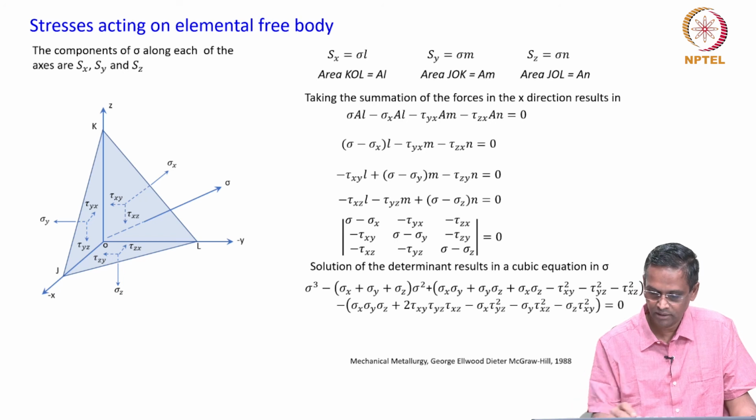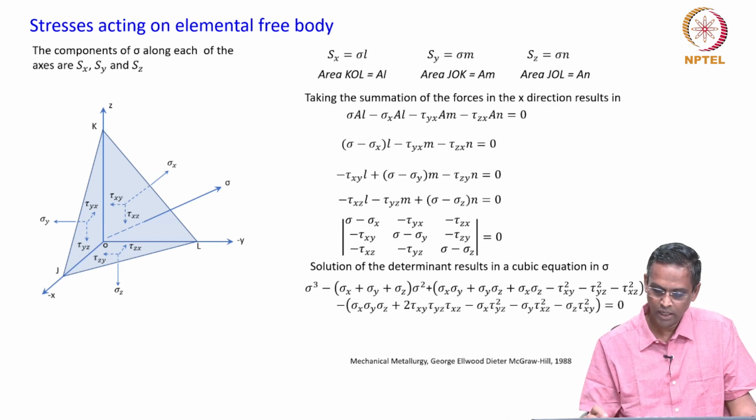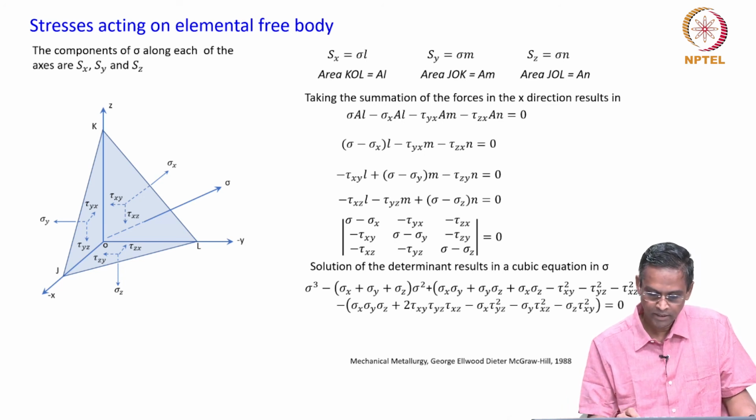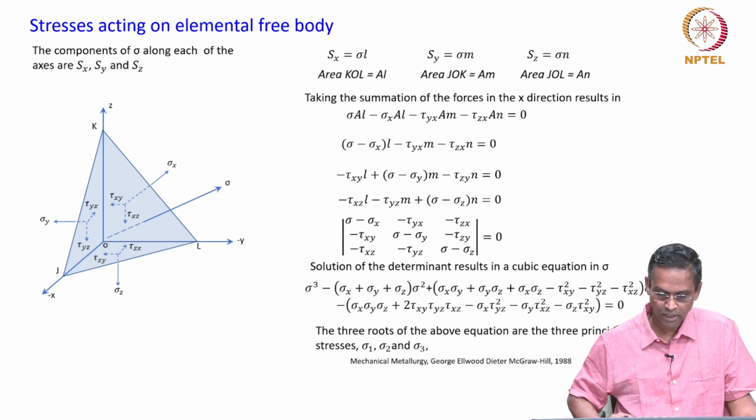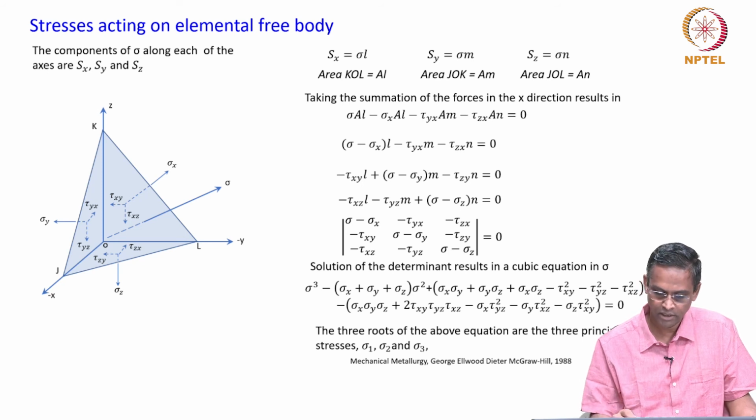If you expand this determinant, you will get this expression. This is a very simple operation, but what you can now observe is there is a combination of stresses associated with each power of sigma. The 3 roots of the above equation are the 3 principal stresses, sigma 1, sigma 2 and sigma 3.